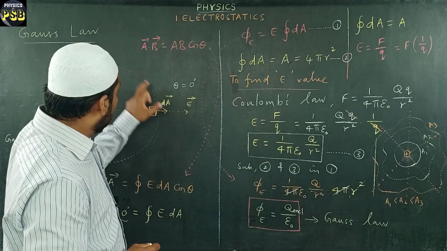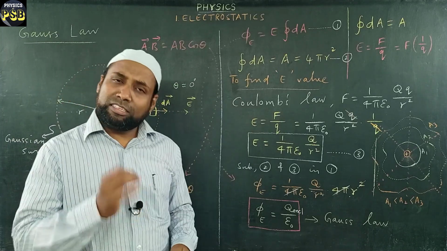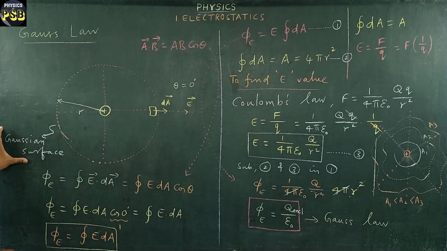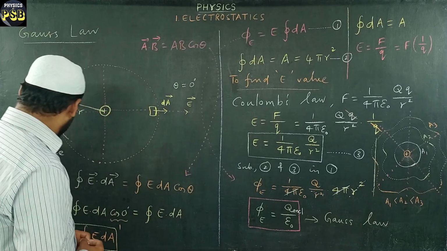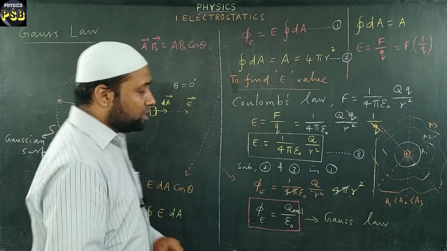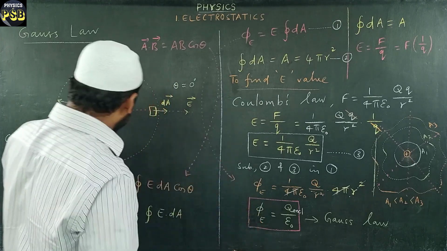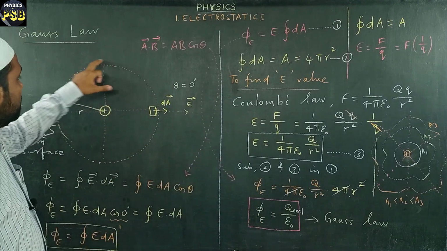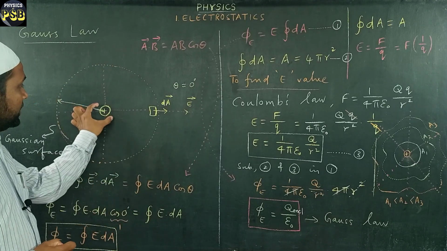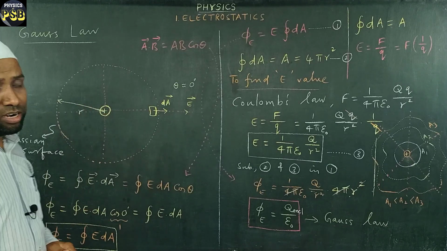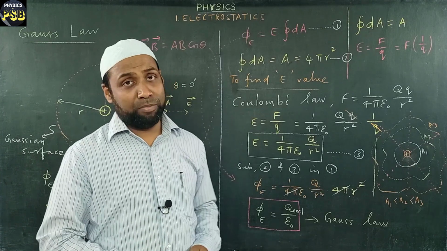Here, the closed surface which encloses the charge is referred to as Gaussian surface. I have told this to you earlier. This Gaussian surface is of any shape. Well, in this case, I have drawn the Gaussian surface in the form of a sphere. It is for the reason that the charge that I have taken here is a point charge. It is spherical in shape.